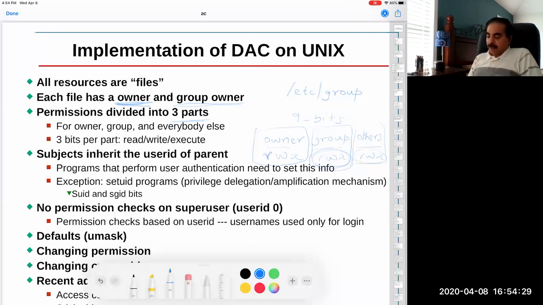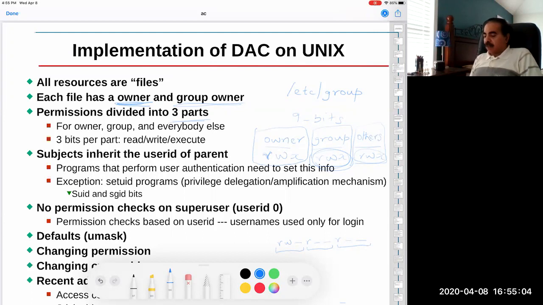So your typical permission for a file would be something like rw-r--r--, which means that the owner can both read and write the file, and the group can read the file, and everybody else can read the file. This is a pretty typical configuration for a file.